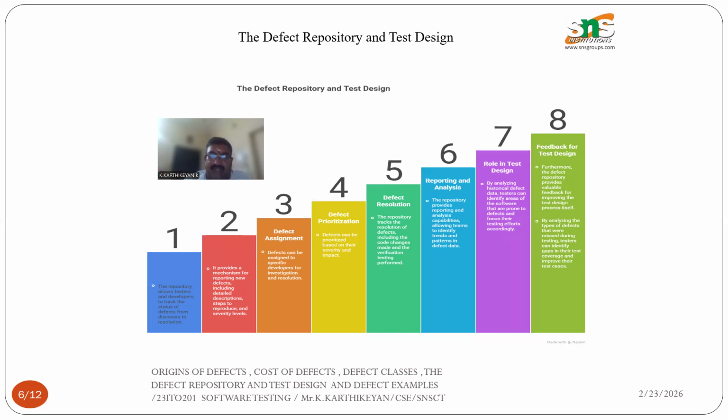Third, defect assignment: a defect can be assigned to specific developers for investigation and resolution. Fourth, defect prioritization is most important; defects can be prioritized based on severity of impact. Fifth, defect resolution: the repository tracks the resolution, including code changes made and verification testing performed. And the repository provides reporting and analysis capability, allowing teams to identify trends and patterns in the defect data.